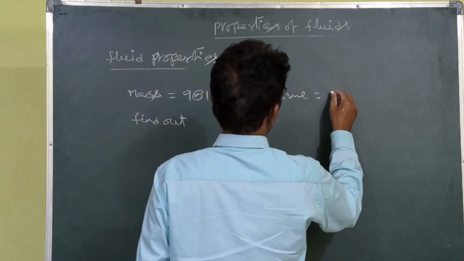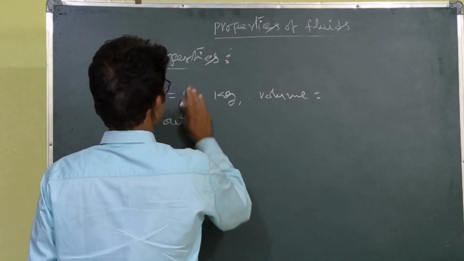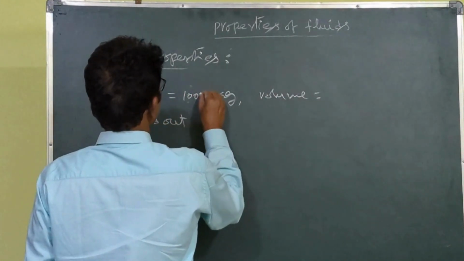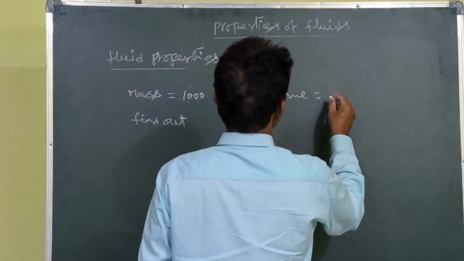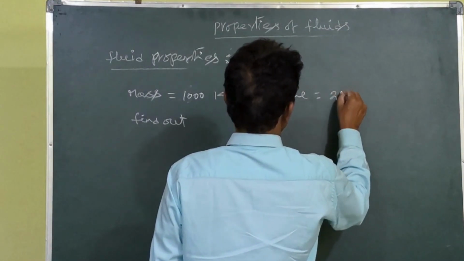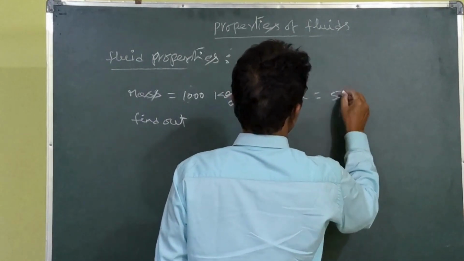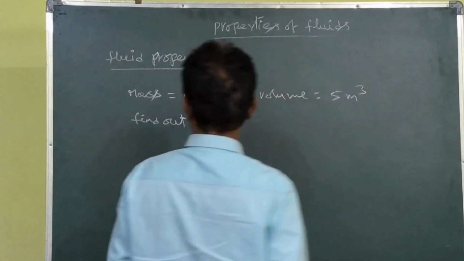Take a simple calculation. Weight equal to 1000, volume equal to 5 meter cube.